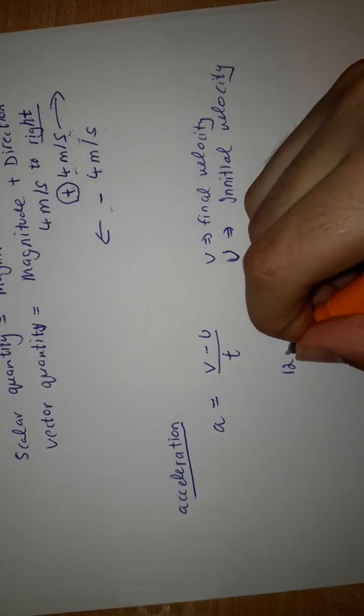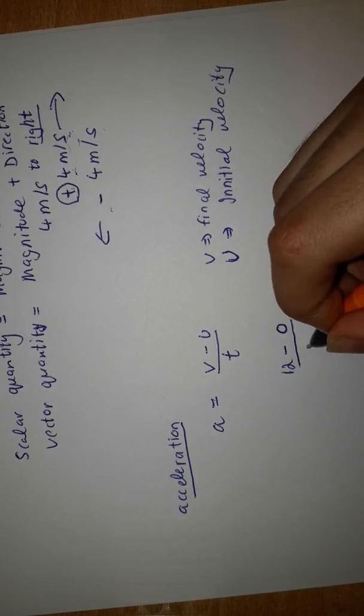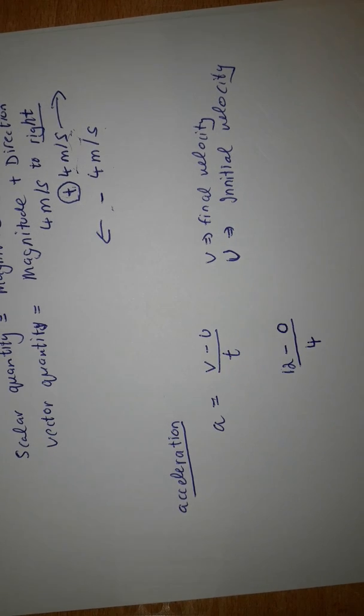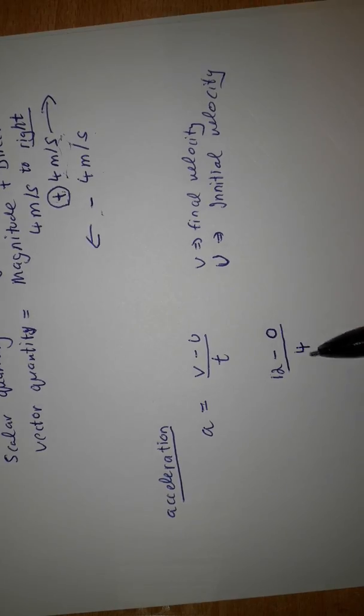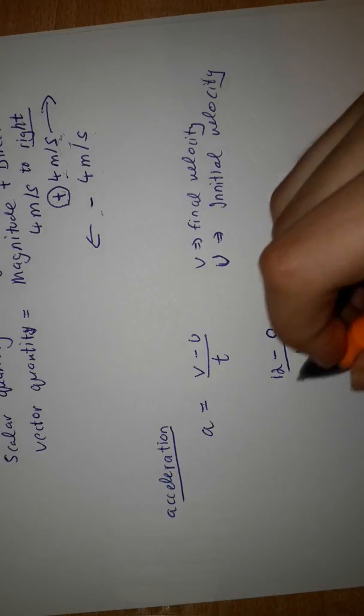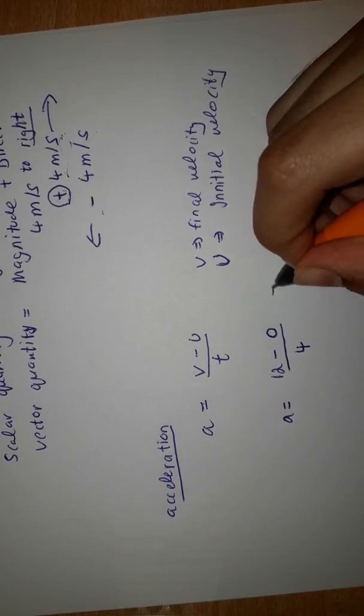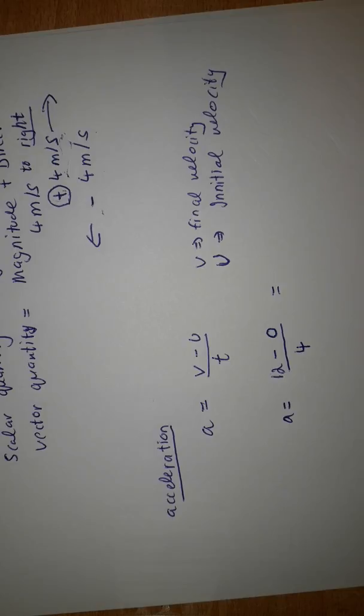Okay, and it's taking 4 seconds to do that. So it's taking 4 seconds to come from 0, which is its initial velocity, to 12, which is its final velocity. Then your acceleration would be v minus u by t, which would be 12 minus 0 divided by 4, which is going to be 3.